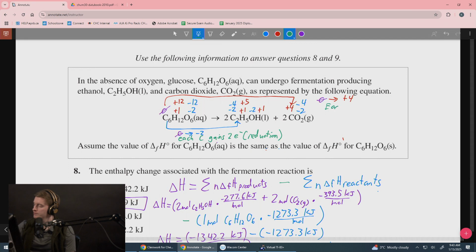Each carbon, I mean, there's only one carbon in carbon dioxide, but the carbon in carbon dioxide loses 4 electrons, which means this is our oxidation.